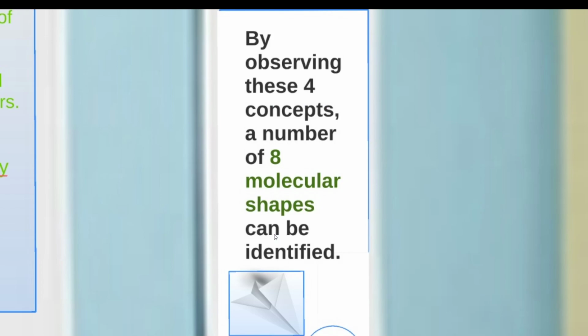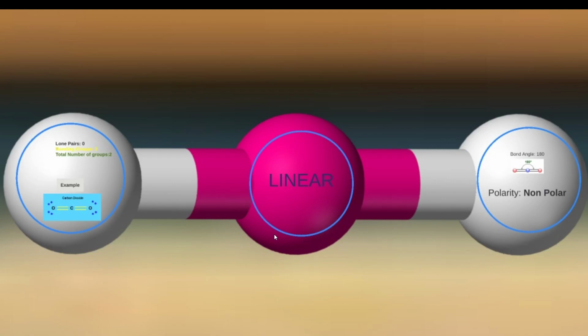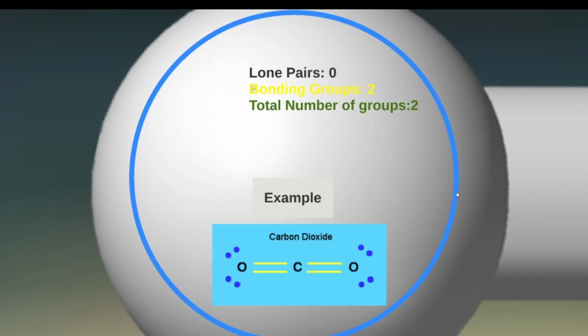By observing these concepts, we can go ahead and determine the molecular shapes. We're going to start with the most basic shape here, and this is linear. So linear, this is an atom, this is an atom, this is an atom, and they end up forming a straight line. Linear, in general, has a total of 2 bonding groups. So for instance, carbon here has a bonding group to this side, and it has a bonding group to this side. And it doesn't matter if it's a double bond, triple bond, or single bond.